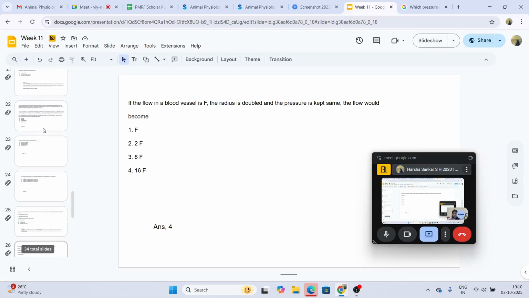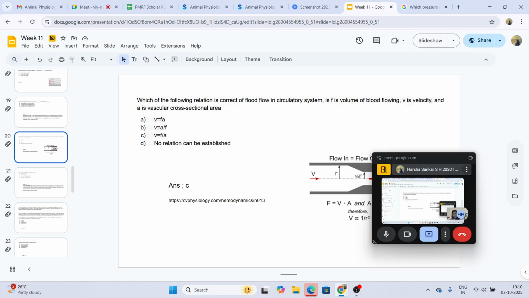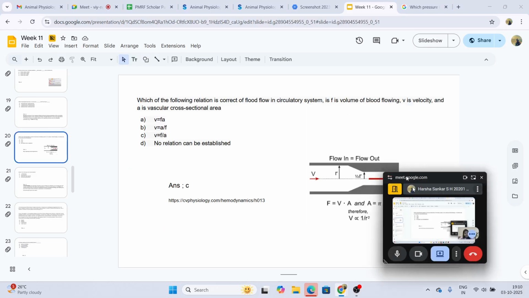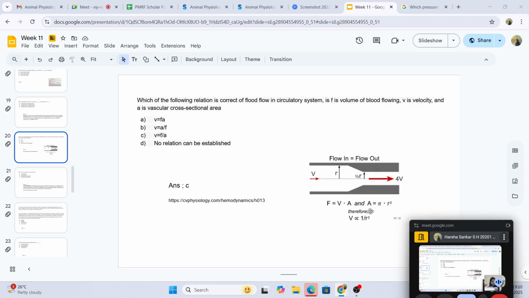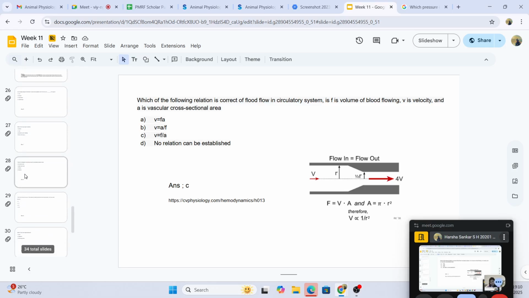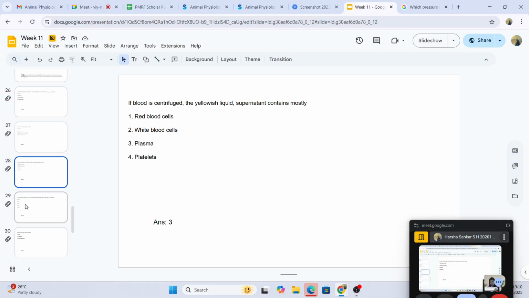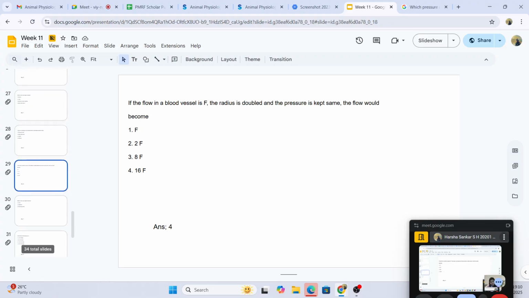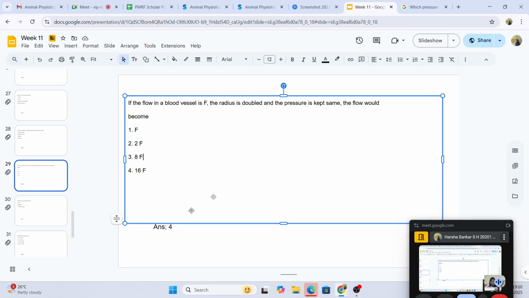So you remember this relation? Here. F is equal to V into A, and A is equal to pi R square. So F is proportional to R square, right? So I will take the pen and show.